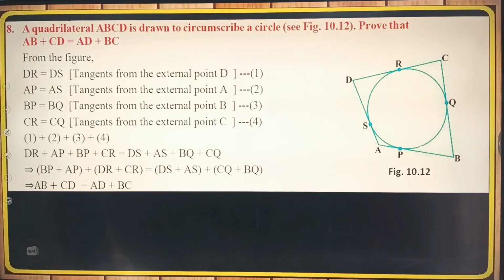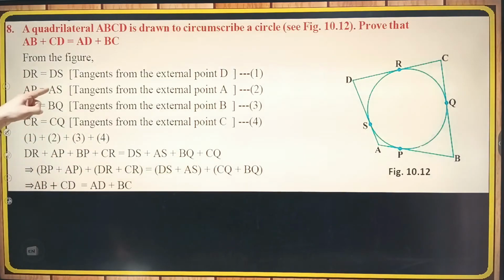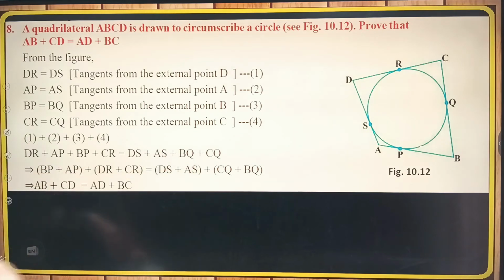In that, instead of DR, can we write DS? Suppose we do grouping: DR and DS, observe this. DS and AS are one group. So DR plus AP plus BP plus CR is equal to DS plus AS on the right-hand side, plus BQ plus CQ.